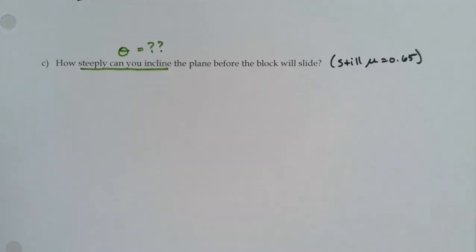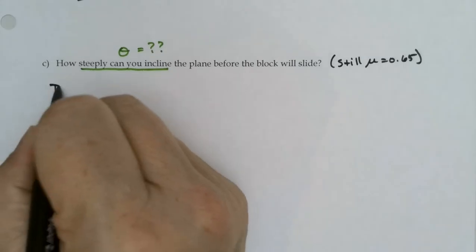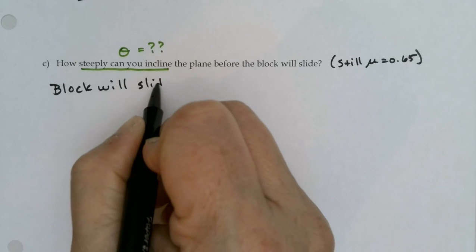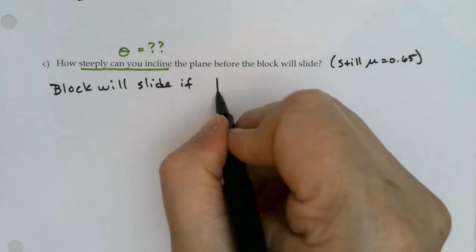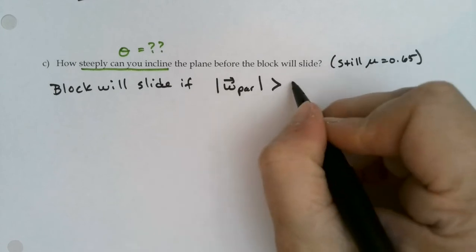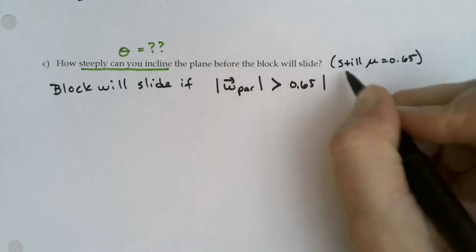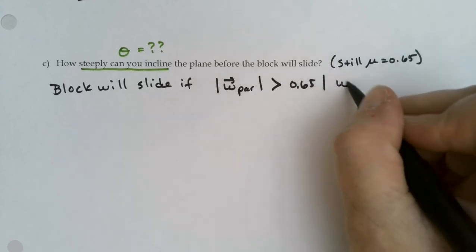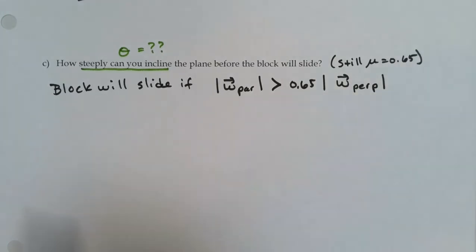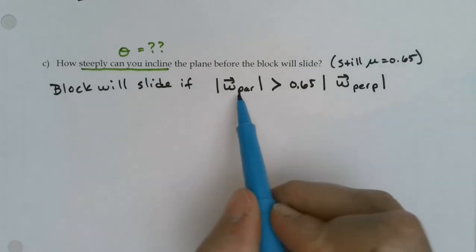Well, the block will slide if the magnitude of the parallel vector is greater than 0.65 times the magnitude of the perpendicular vector. The parallel piece was like x for us, except we wouldn't have an angle.